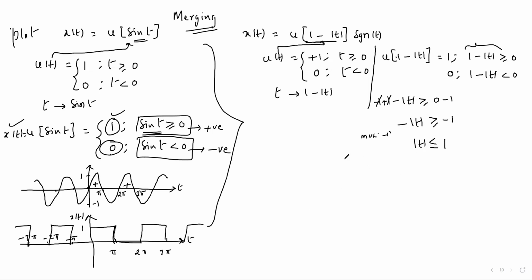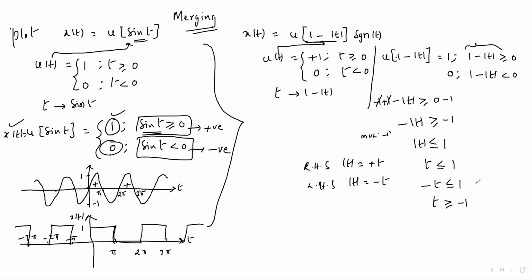Mod t is equal to plus t on the right hand side. That means t is positive. Similarly, on the left hand side, mod t value is minus t. If you take the right hand side, t is less than or equal to 1. If you take the left hand side, minus t is less than or equal to plus 1, which means if you multiply with minus on both sides, t should be greater than or equal to minus 1.